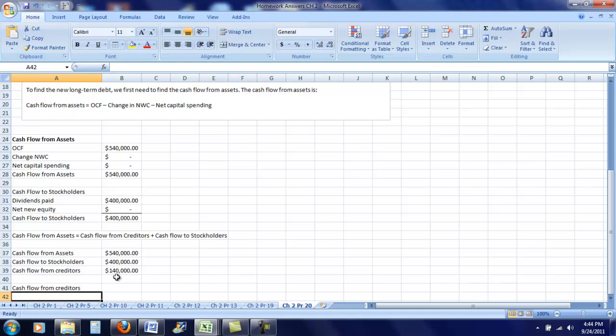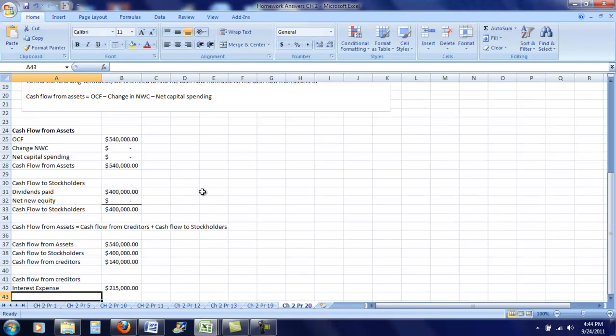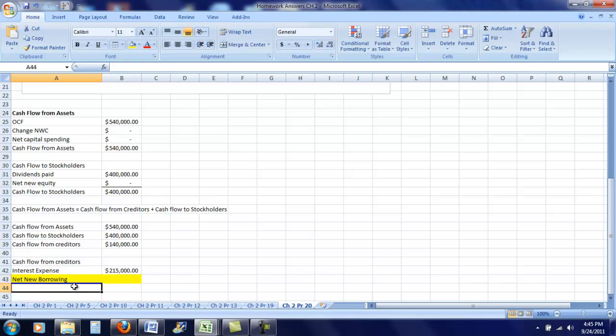It is interest expense, which we had in problem 19, $215,000, minus net new borrowing, which we don't know, would equal, which we do know, cash flow from creditors.